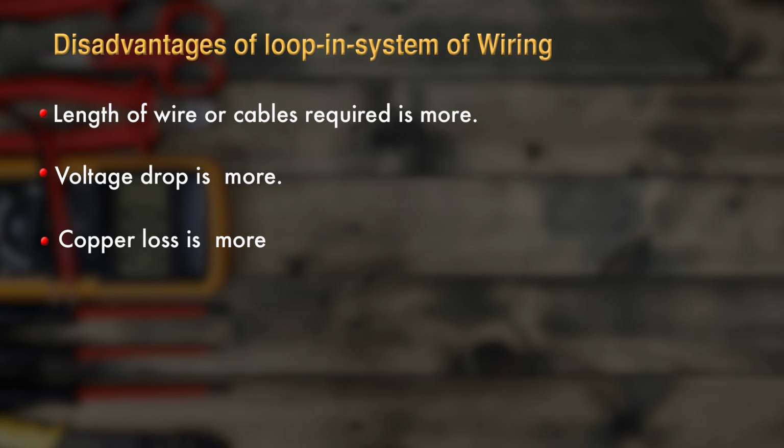Then the next disadvantage is that it is difficult to loop in switches and lamps. So this is all about the advantages and disadvantages of the loop-in system of wiring.